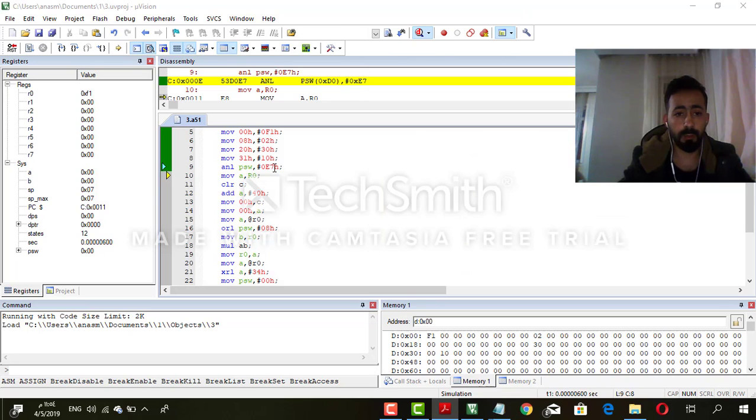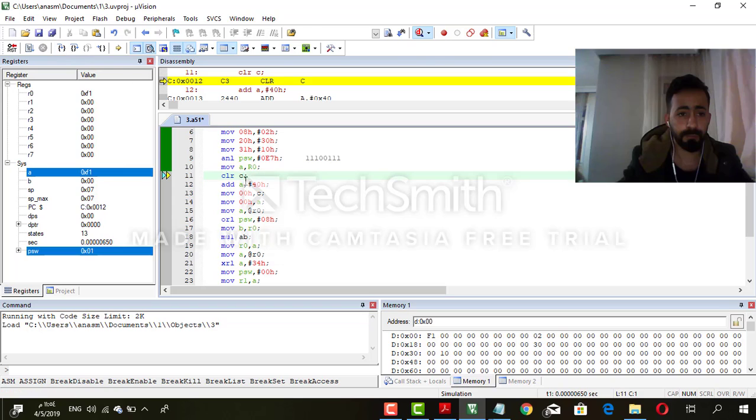If we look here, E means 1110, and 7 means 0111. By looking at these two bits, 0 0, it means we will use bank 0. It will use bank 0, as we see here. It's bank 0.